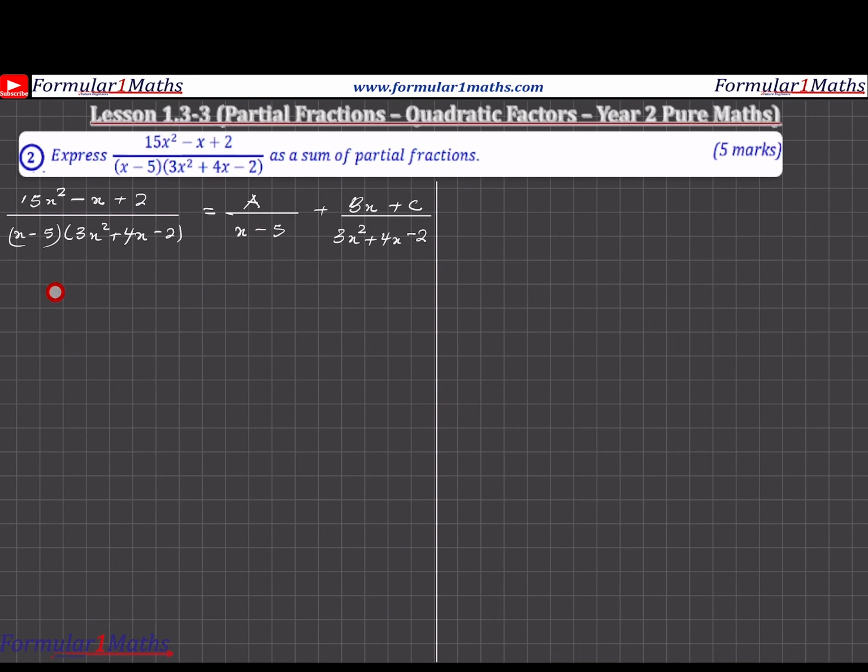And using the same principles, I'm going to multiply all the three terms by this denominator right here.